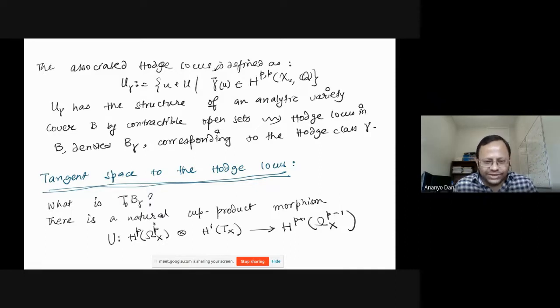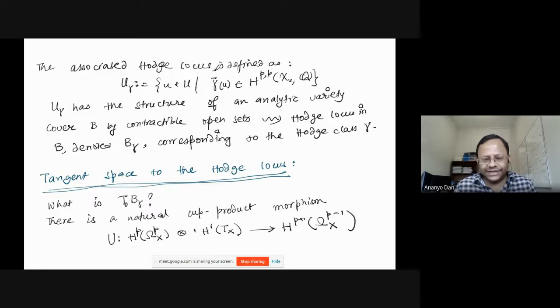So this map comes from the inner multiplication of Ω_X^p tensor T_X, which gives you a (p-1)-form. We might be already familiar with that. And then when you take the cohomology, you can look at how it goes in cohomology.